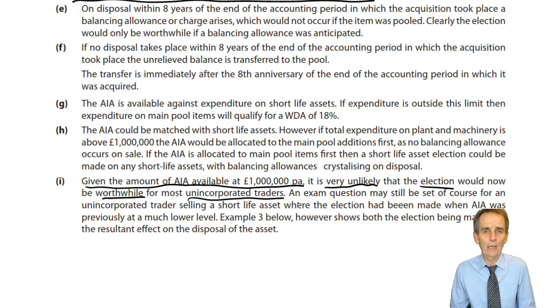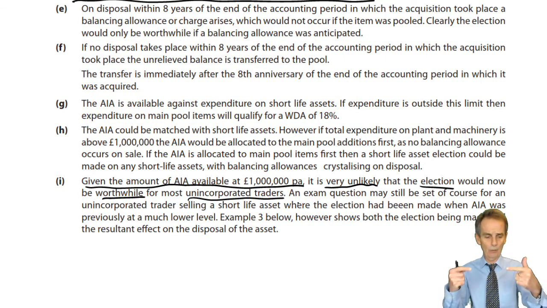And not just that they will have a short life, but as we keep saying, they'll have a low residual value. In that situation, allocate your £1 million AIA to the other assets there and separate out the short life asset or assets. You'll only have one to deal with here, and make the depooling election. Put it into its own column.